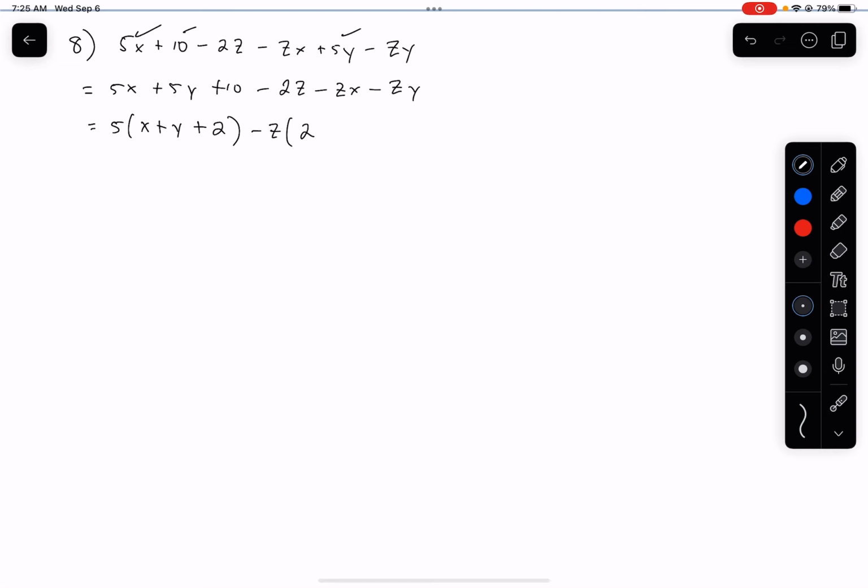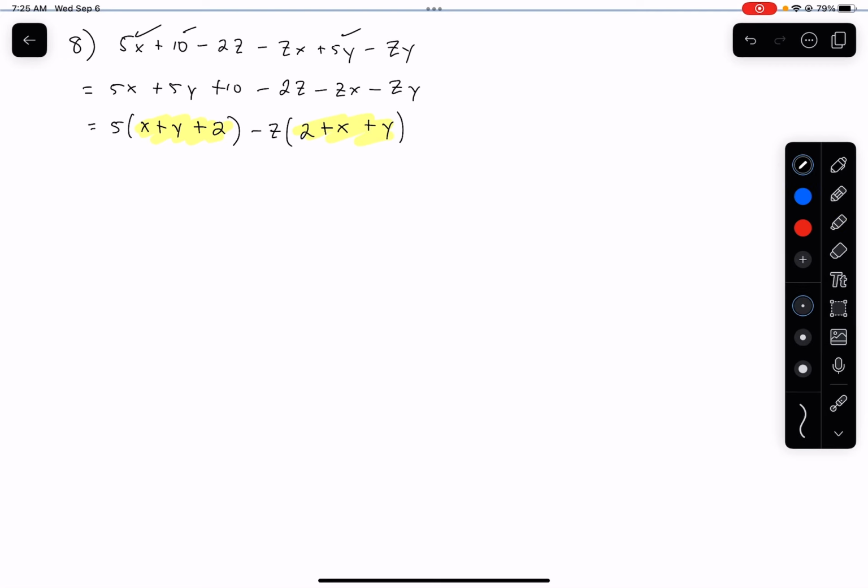So I have 2 plus x plus y, and you'll see these two negatives turn into positive signs because I've divided each term by negative something. Okay, almost there. You'll notice that these two things are actually the same. They're just written in a different order.